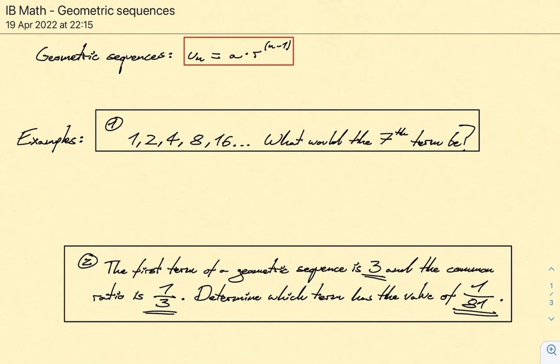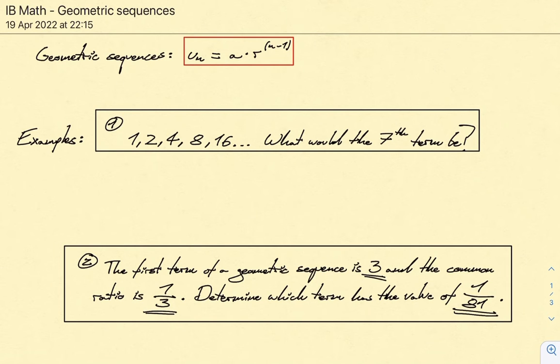Well, instead of adding a certain number to get the next term, such as having 1, 3, 5, 7, where we are adding 2 each time, a geometric sequence multiplies by a certain value every time.